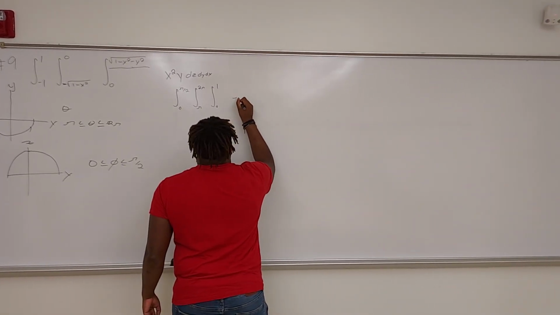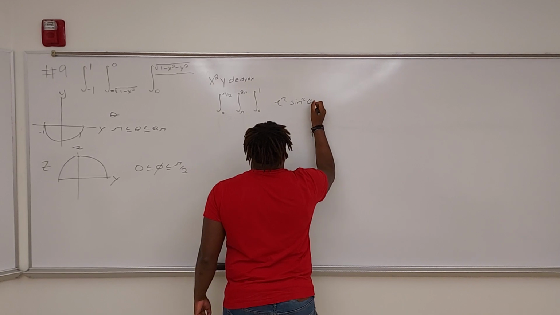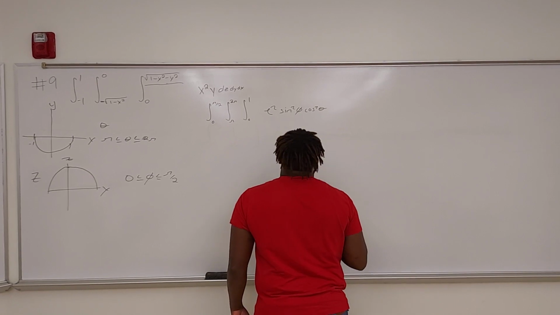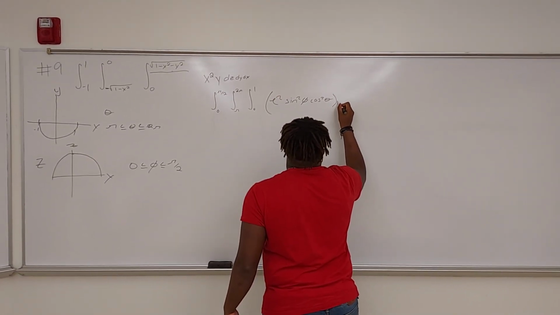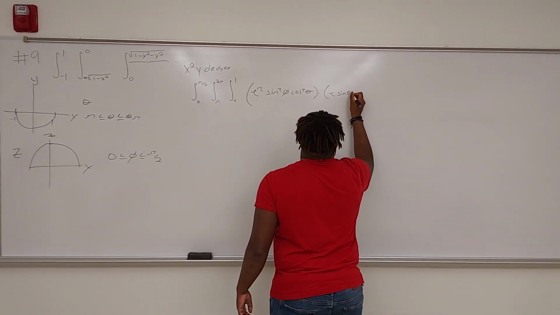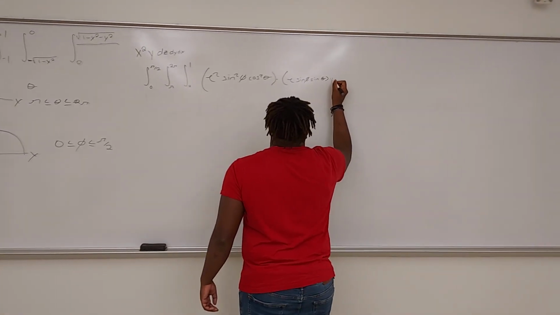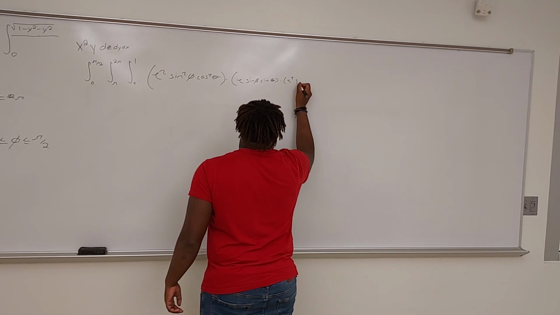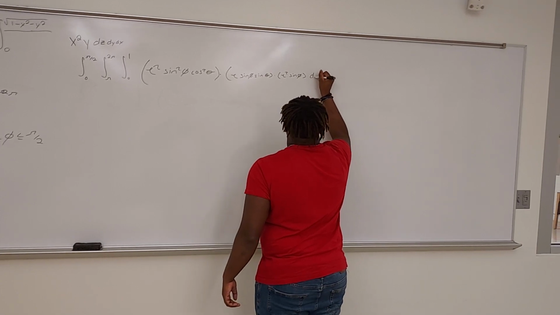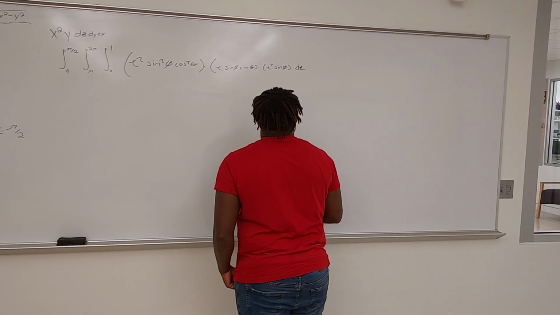That'll be rho squared sine squared phi, then cosine squared theta in parentheses, times rho sine phi sine theta, times rho squared sine phi, d rho, even though that looks like an e, so d rho.